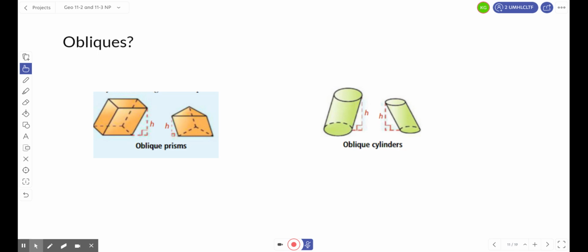In order to find these ones, you do need to know this length. The area of this front side won't change when it gets slanted, oblique, but the area of this side will change.